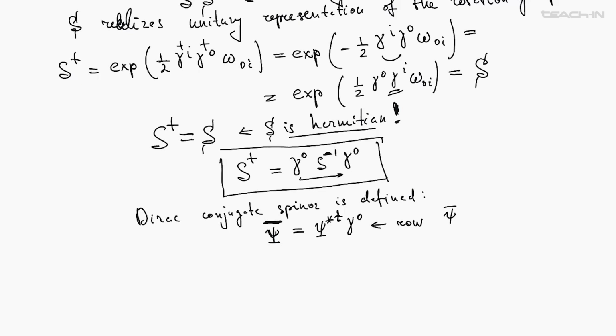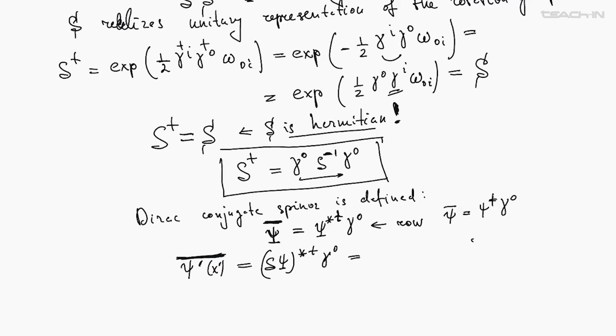And this is because this spinor psi bar has a simple transformation property under Lorentz transformation. So psi bar on psi prime x prime transforms as S psi. So I'm transforming psi, then I take complex conjugate and transposition, multiply with gamma 0, which is, according to our discussion, the same as psi dagger S dagger gamma 0.